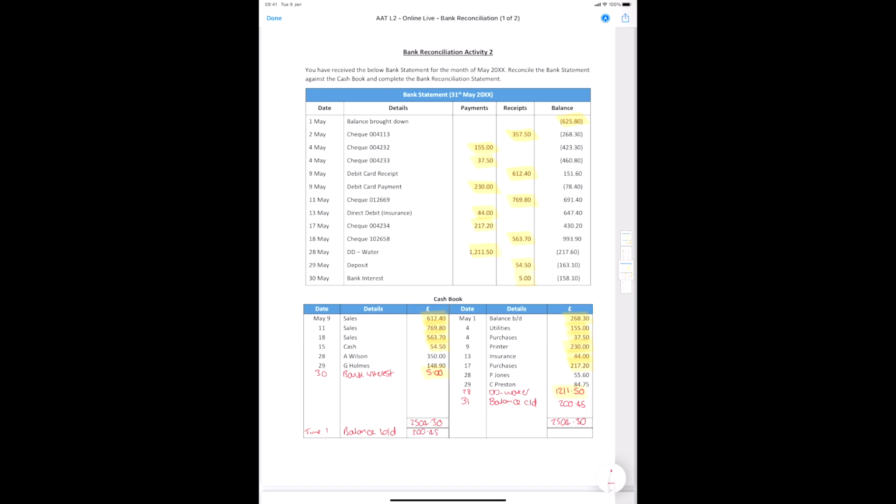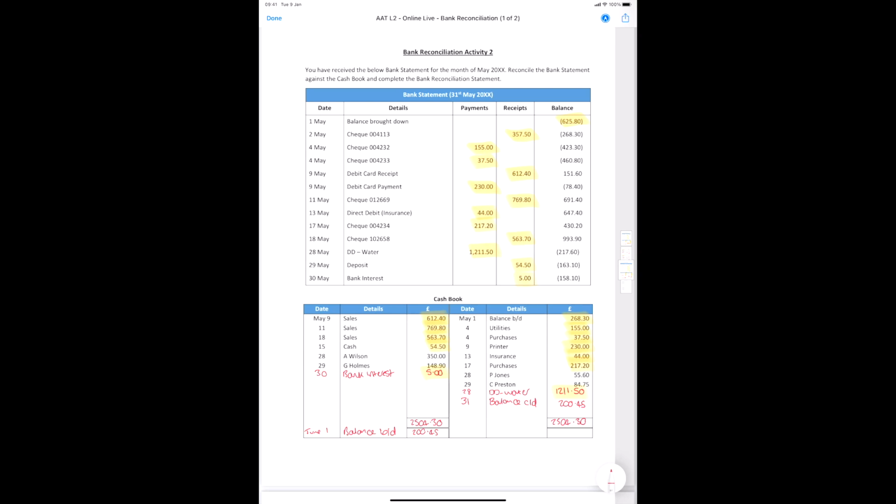What we notice here is that our overdrawn cash book has now become one with positive funds, because the balance brought down is now sat on the debit side.